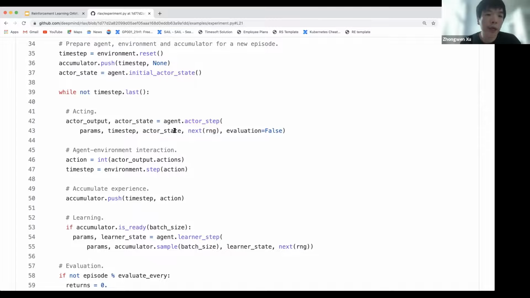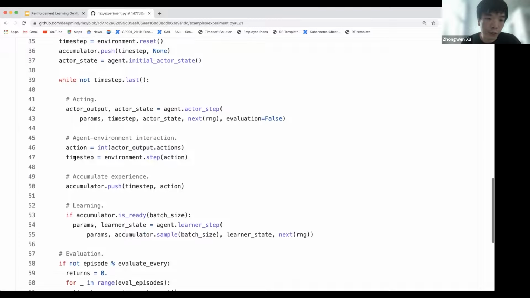Actor step means the agent takes a time step from the environment and produces the output. One of the most important key outputs from the actor is the action. So we take the action out, and then the action will be fed back to the environment. And then the environment will continue to loop and give the agent a new time step.